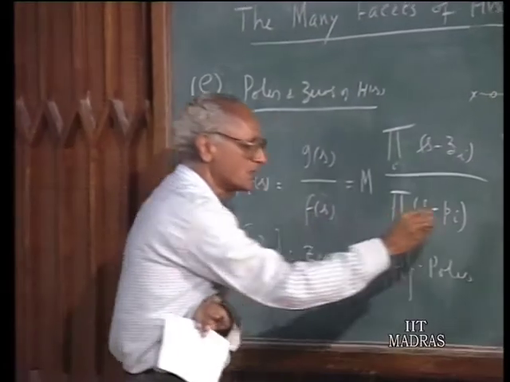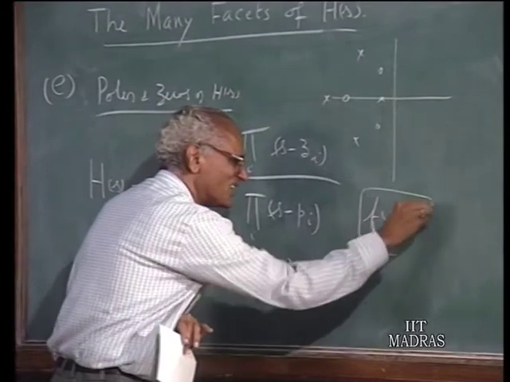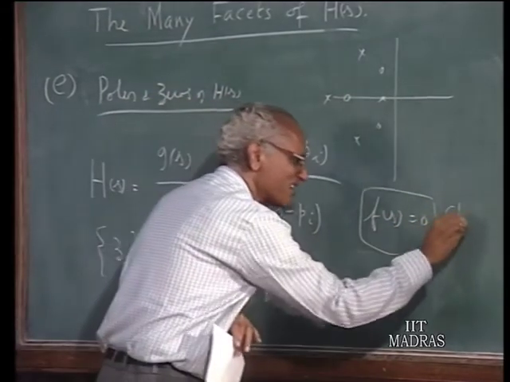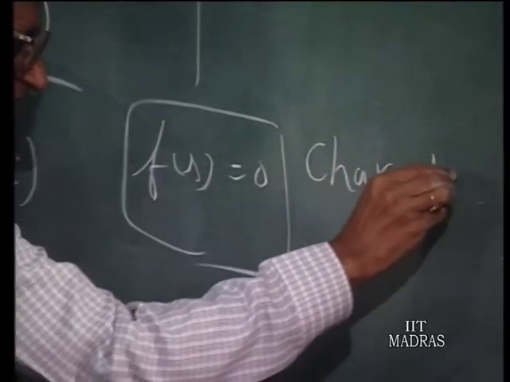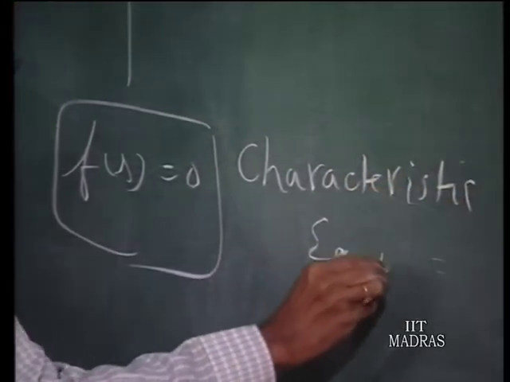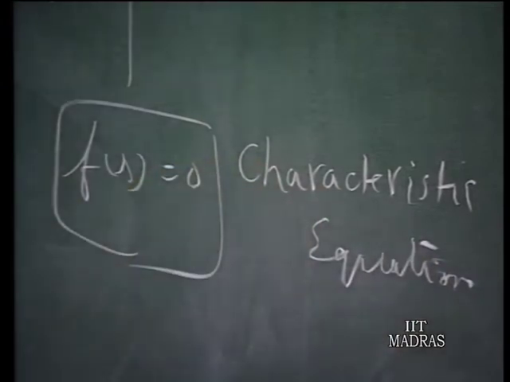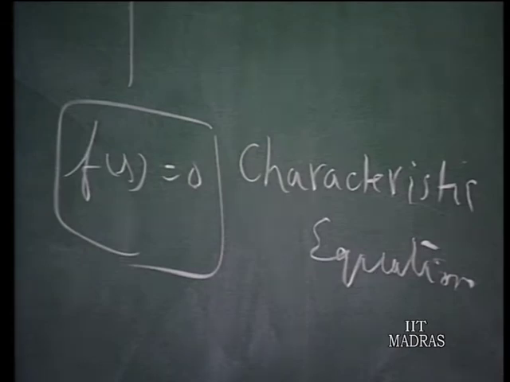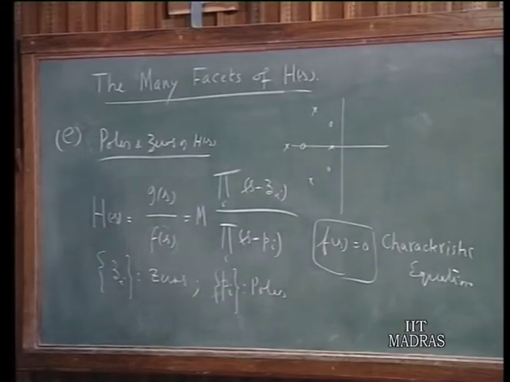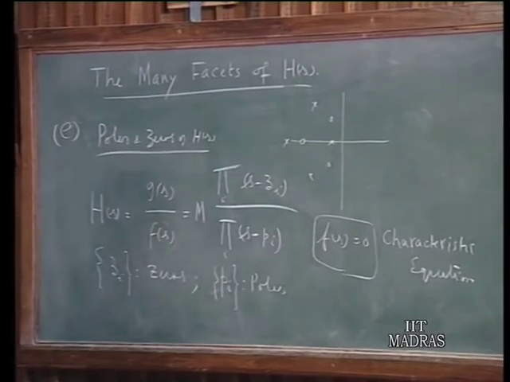So f of s equals 0 is what is called the characteristic equation of the system. This is a characteristic of the system. So no matter what response quantity you are looking for, the denominator f of s is the same for all transfer functions, for all system functions, for a given system. This is called the characteristic equation.